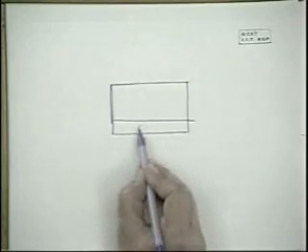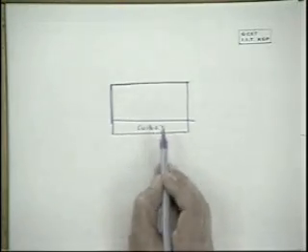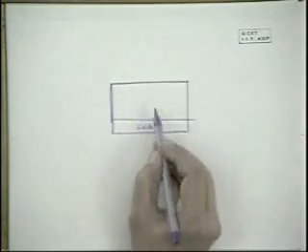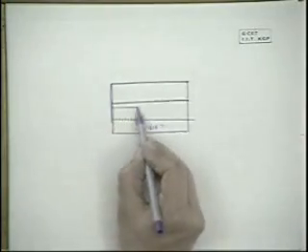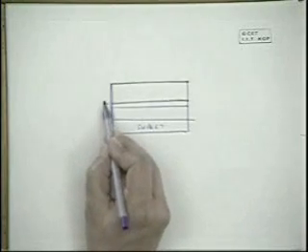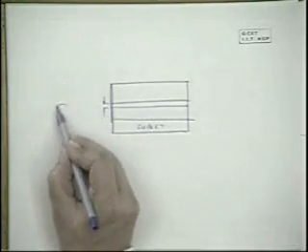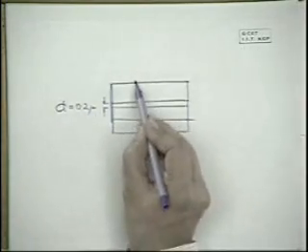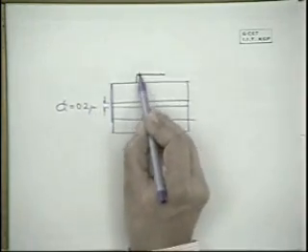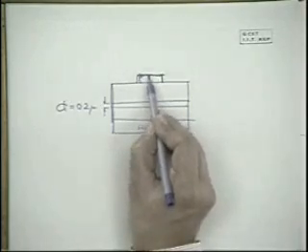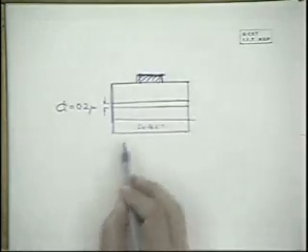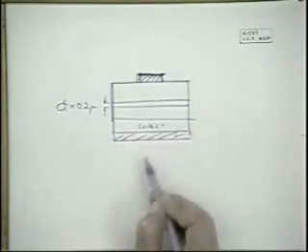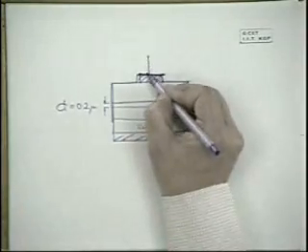Say this is the substrate, and the various layers, this is the ohmic contact, and this is the active region. D is say 0.2 microns, and the stripe geometry, this is exaggerated, is only this much. This is the metal contact.